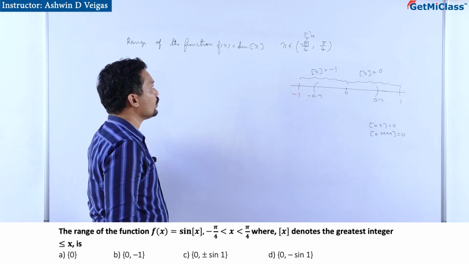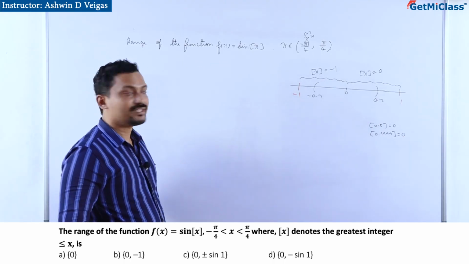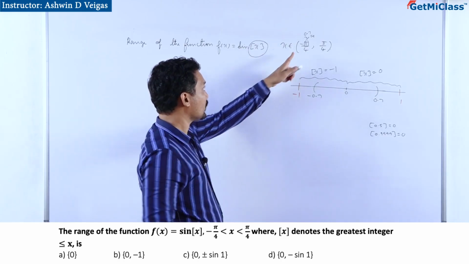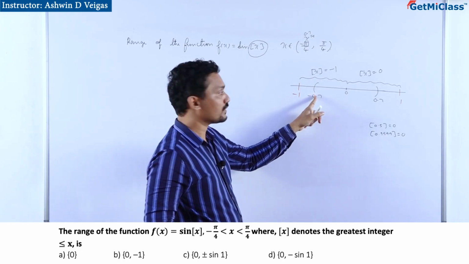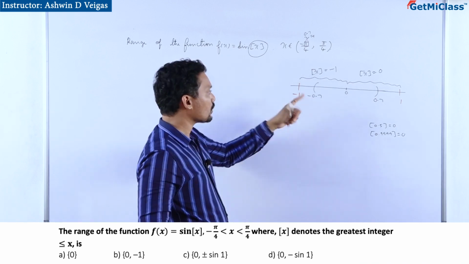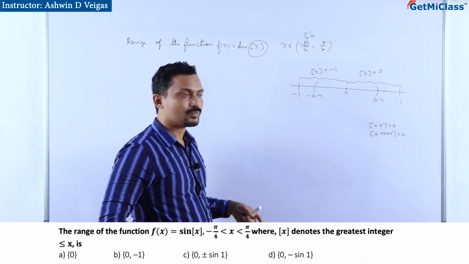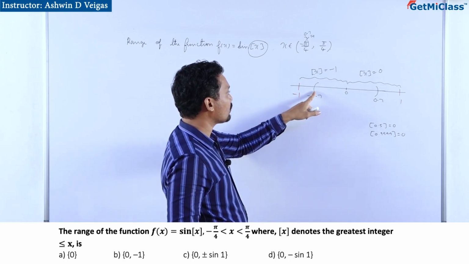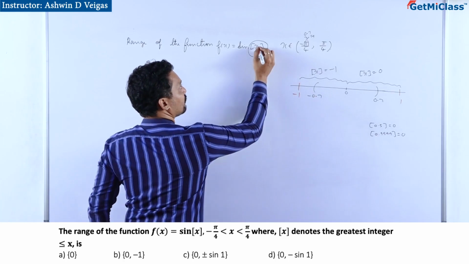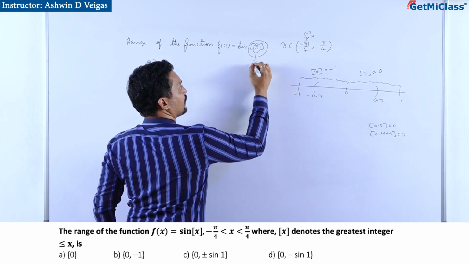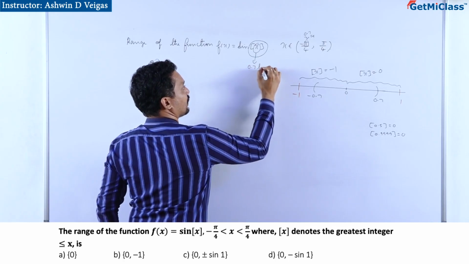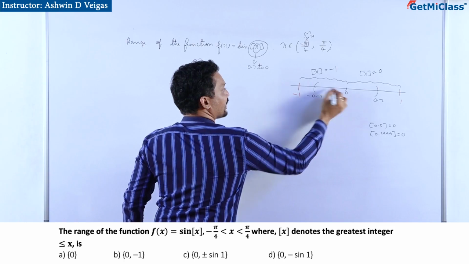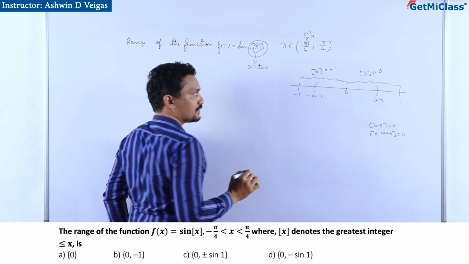Now it becomes very evident that greatest integer of x in this problem is defined from approximately minus 0.7 to plus 0.7. That means when x lies between minus 0.7 to 0, the value taken by all these numbers will be minus 1.